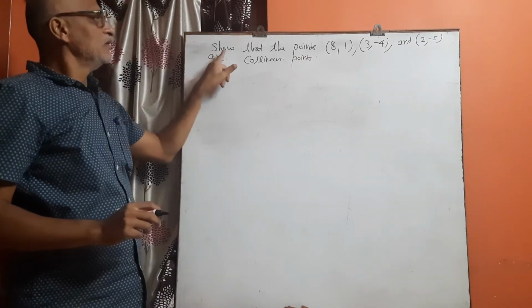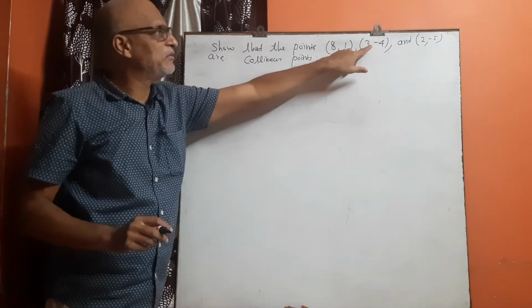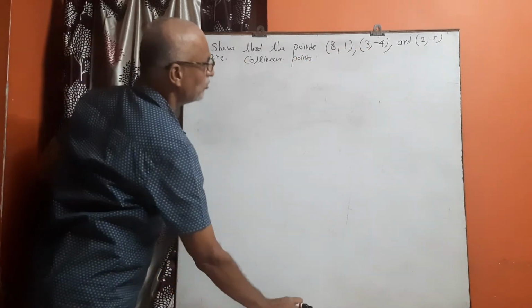Our question is, we have to show that these points are collinear.